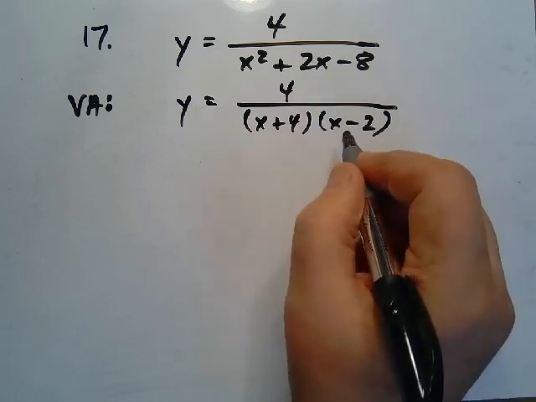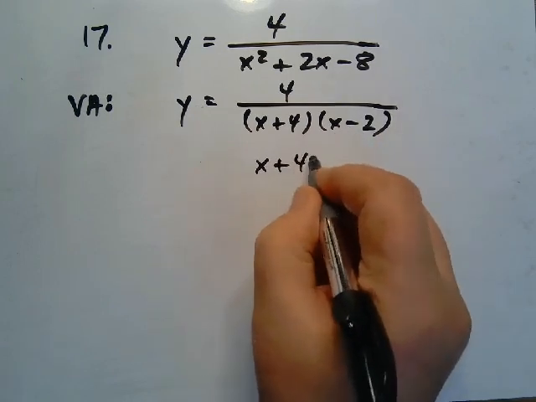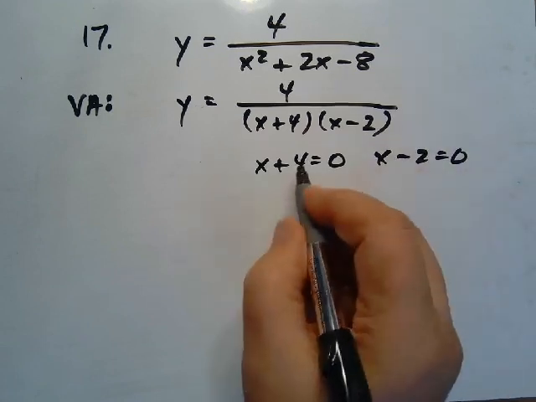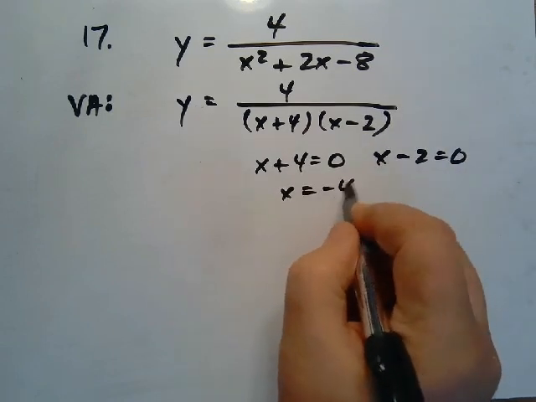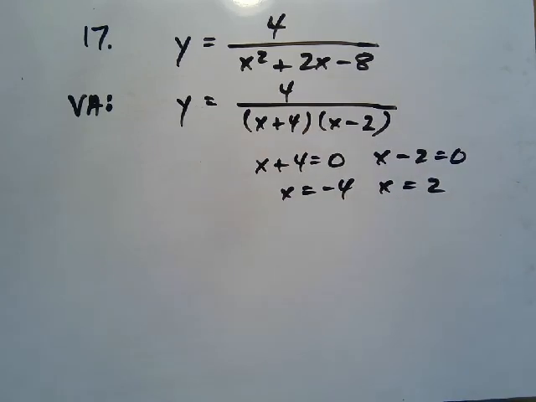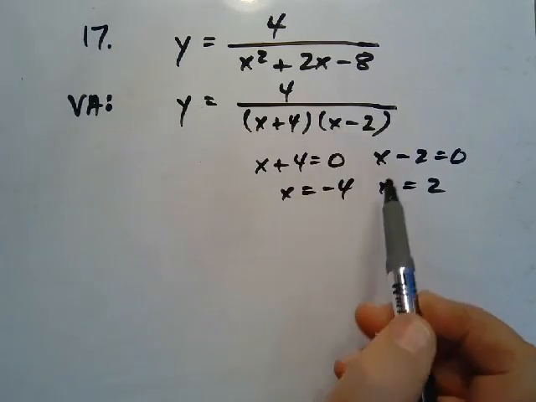So now each of these factors in the denominator cannot be 0. So I would set each one of them equal to 0 and solve it. This is x is equal to a negative 4 and x is equal to 2. Now you may not have to do that step just because you can see that x can't be a negative 4 here and x can't be 2.